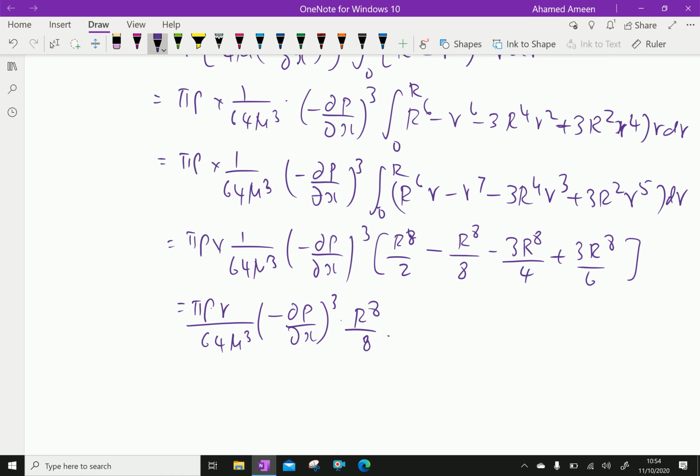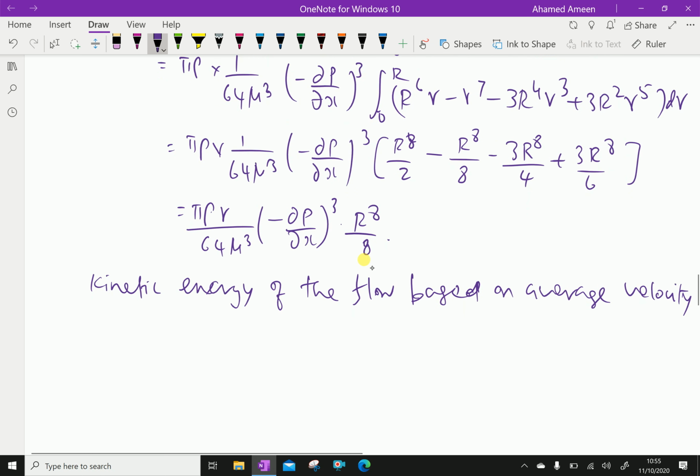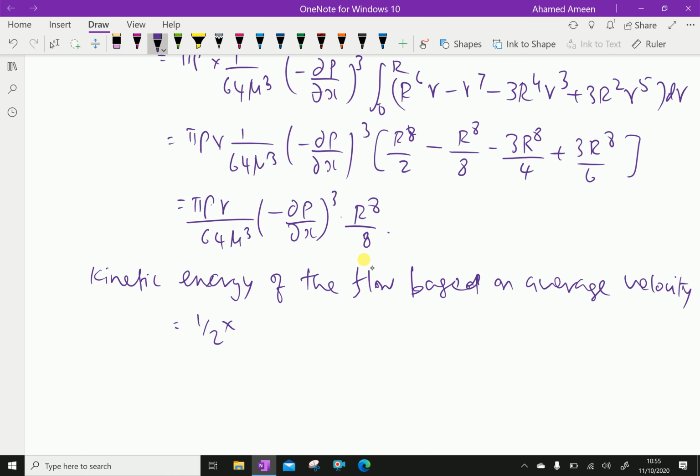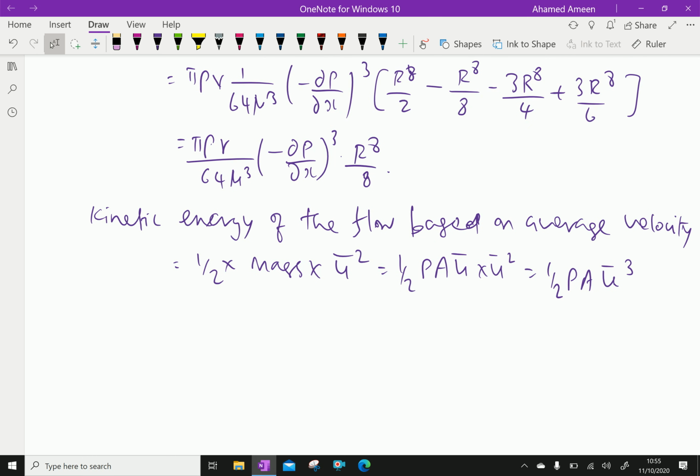Now the kinetic energy of the flow based on average velocity you can write as half into mass into u bar square, which is equal to half rho A u bar into u bar square, equal to half rho A u bar cube, substituting where A equal pi R square.